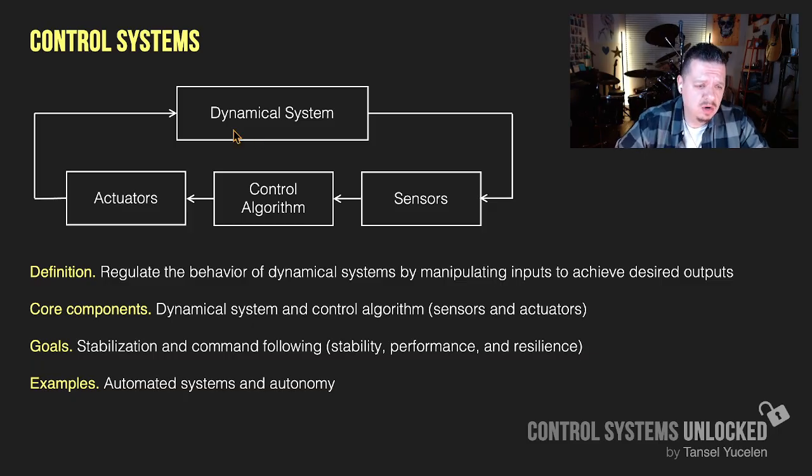And the core components are a dynamical system and a control algorithm. But in order to execute this control algorithm, we need sensors that measure some physical outputs from this dynamical system, probably through an analog to digital converter, and it goes to a control algorithm inside a computer or a microchip.